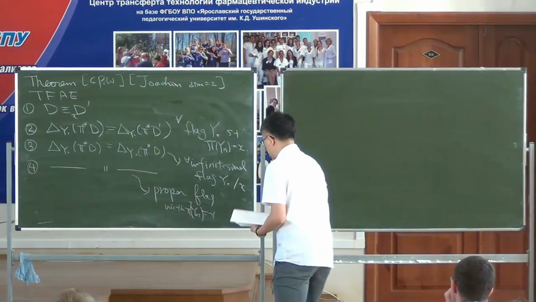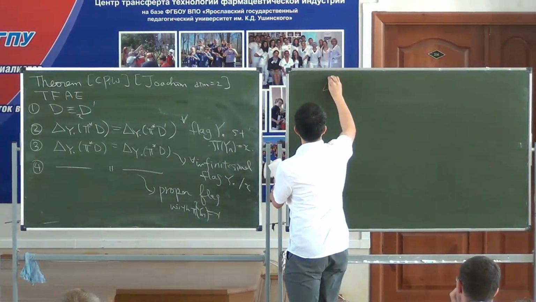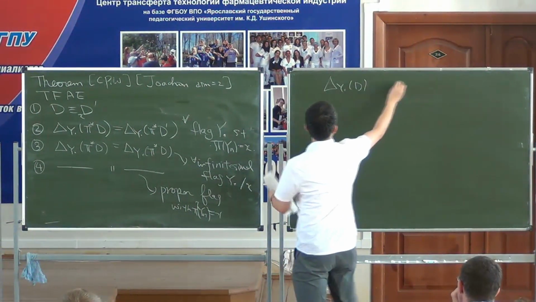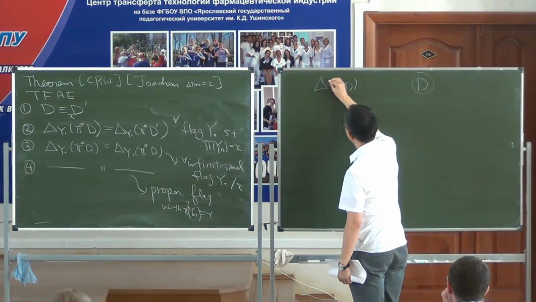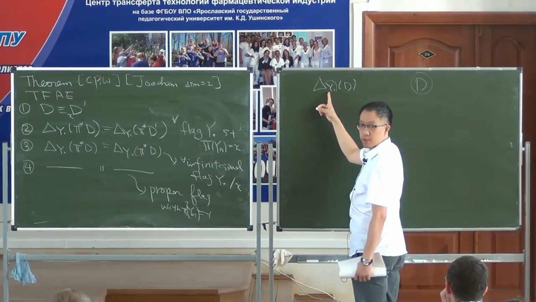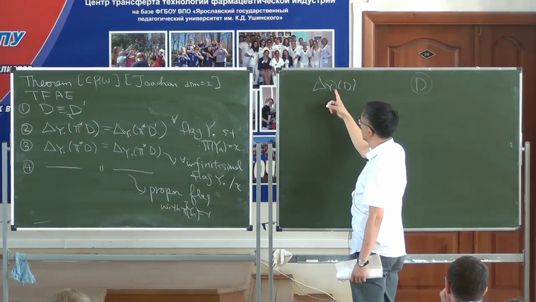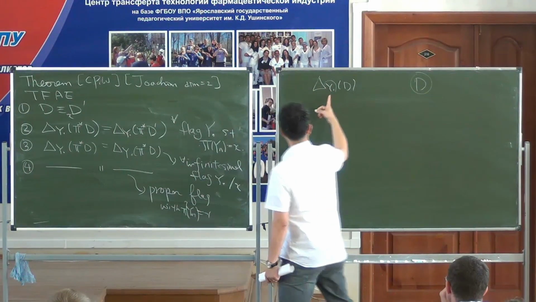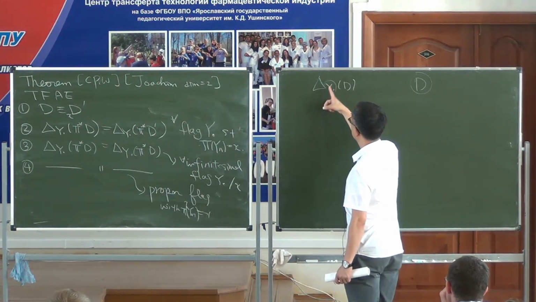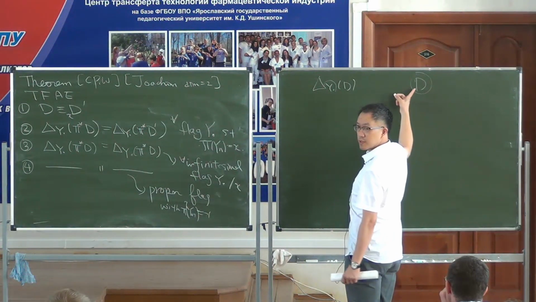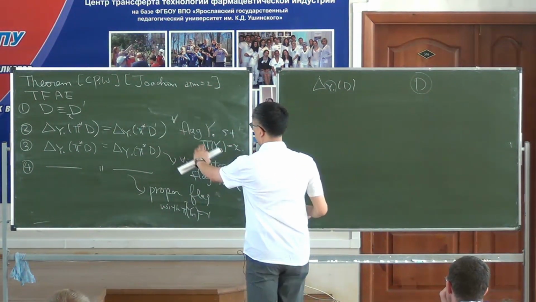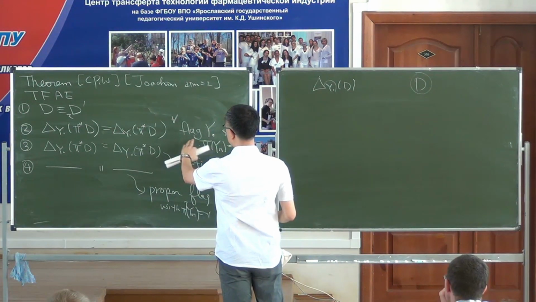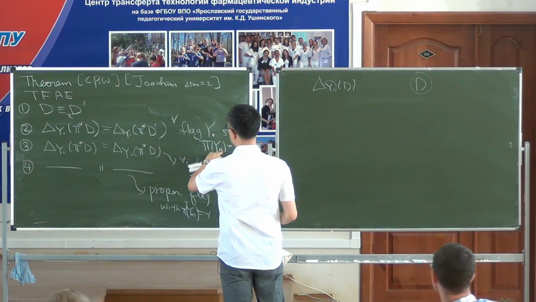So I may have said a few times, but if you want to extract some properties of D, then this is the only option you can vary, okay? So the principle is you have to come up with a nice flag which catches the properties of D, okay? So this is what it does. So first one is any flag.